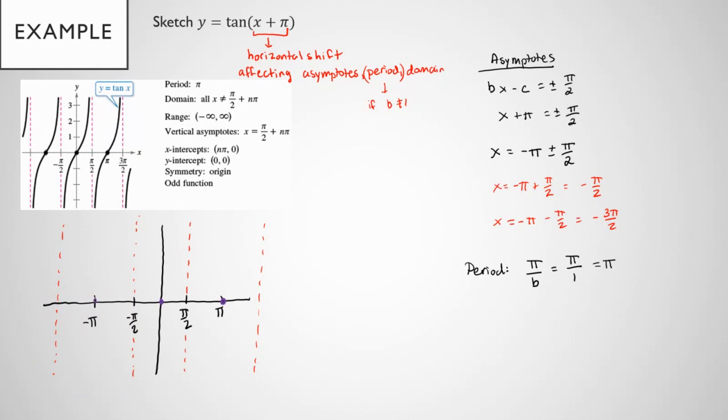And so I'm going to fill in my 0 points, and then I'm just going to roughly fill in my graph as best as I can. So we end up with the same exact graph, tangent x. Because all we did was add the period, and because of the fact that it does repeat, that doesn't do anything.